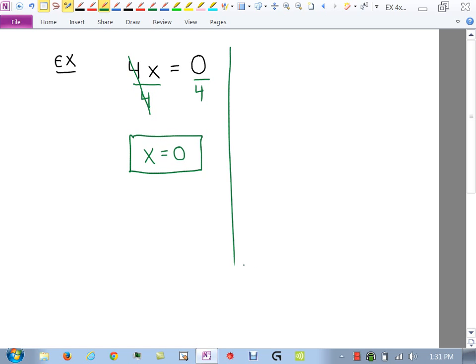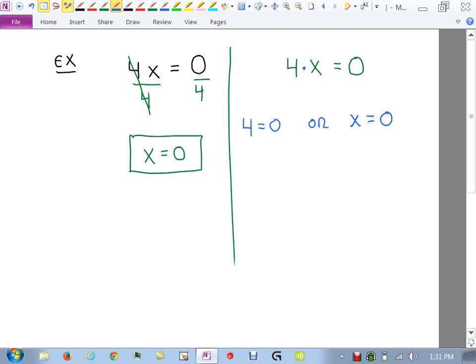Another way to do it is to use what we just learned, the zero factor property. Isn't this saying that something times something must equal 0? So it's kind of like the A times the B must equal 0. So from that, can't I write down two things? 4 must be equal to 0, or x must be equal to 0.